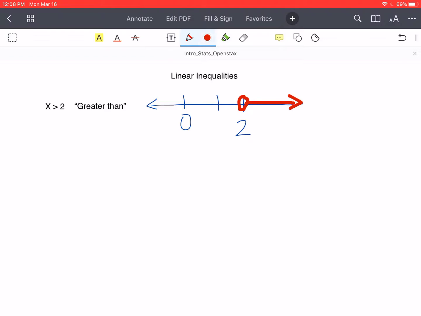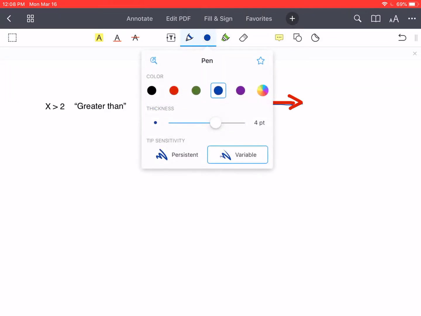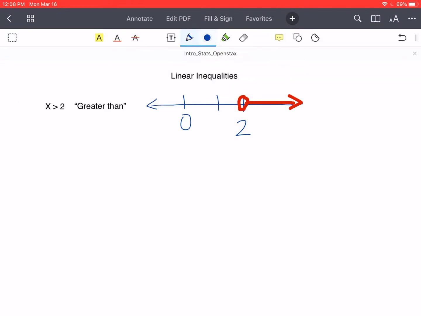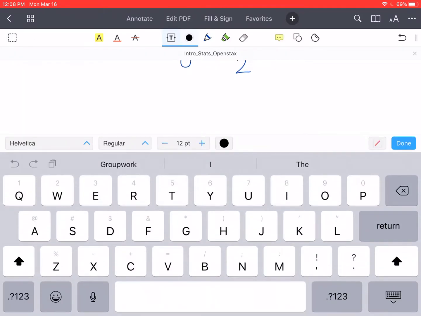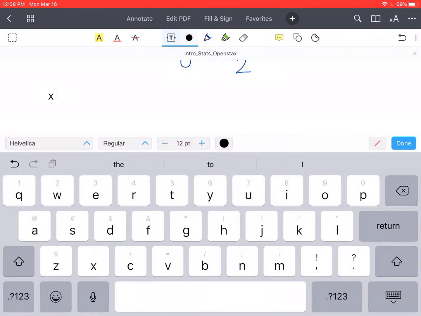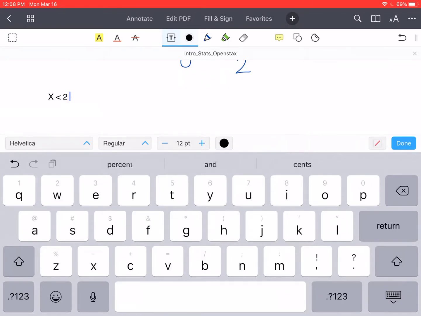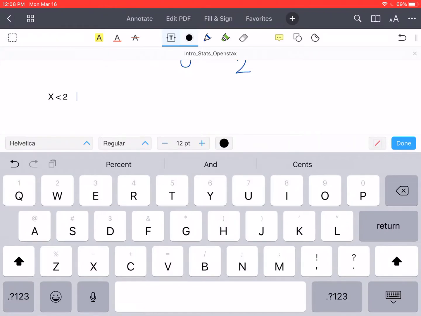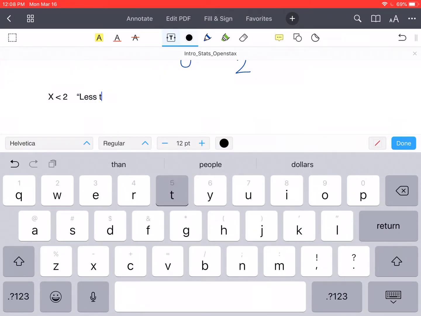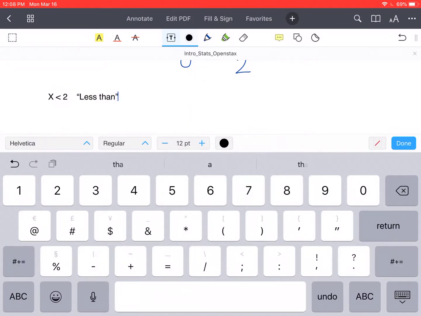Now if we're looking for the less than, here we have x less than 2. Again, this is less than.